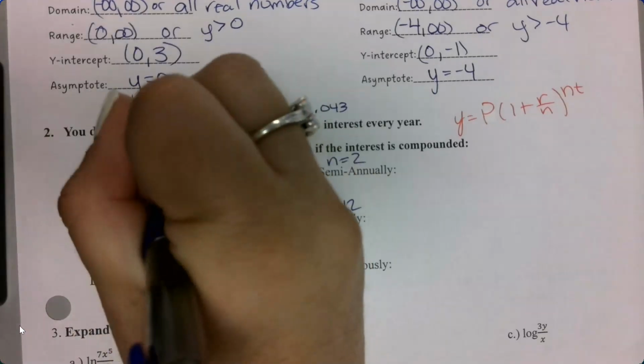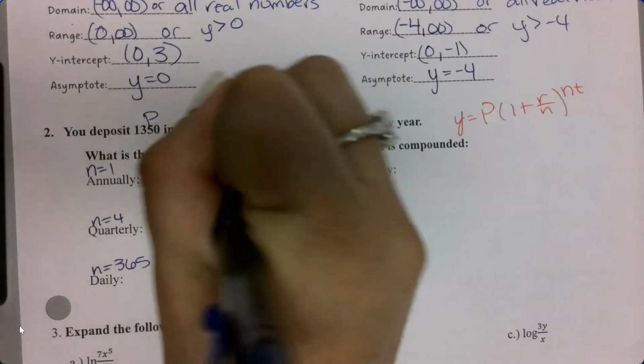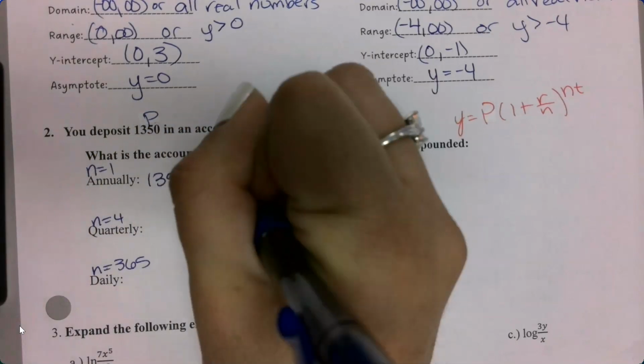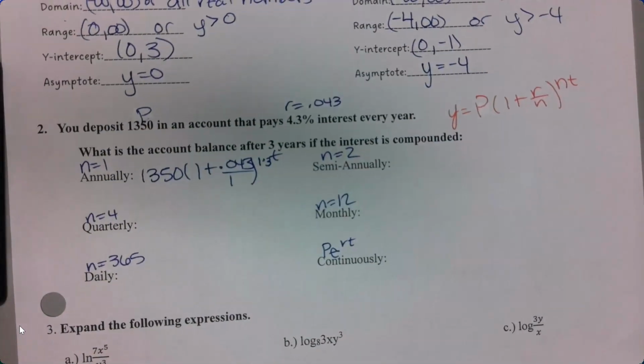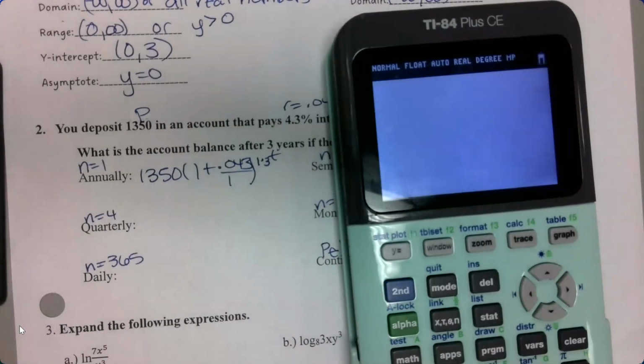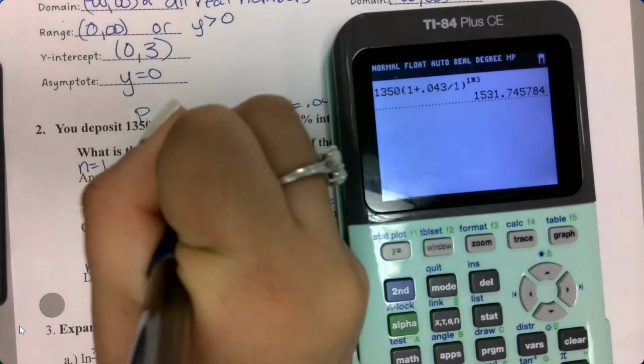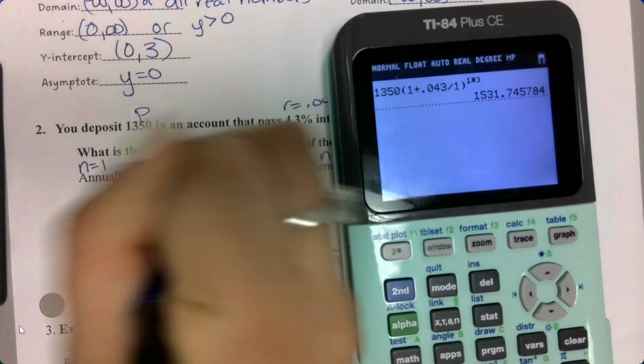I'm going to have 1350 times 1 plus 0.043 over 1, to the 1 times 3. I want to go ahead and type this into my calculator. This one gets me 1531.75.